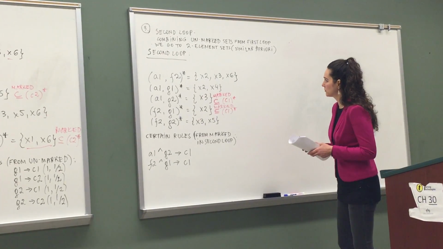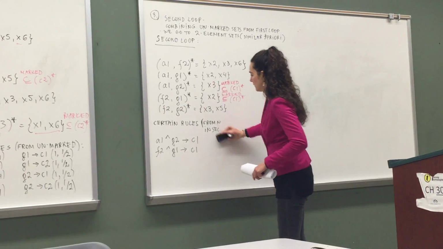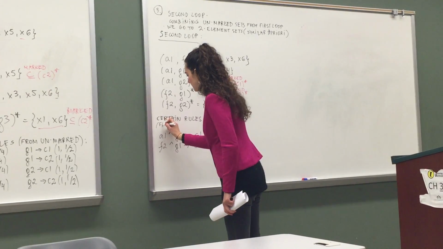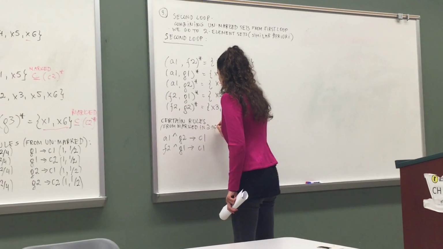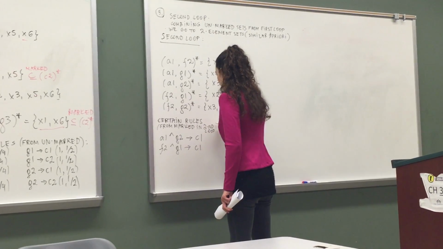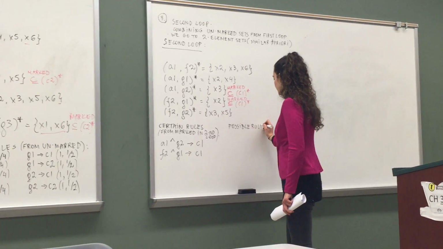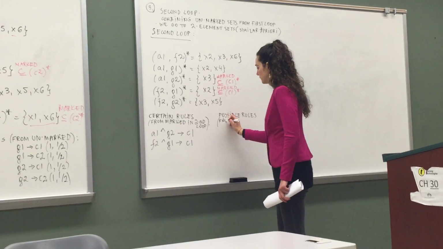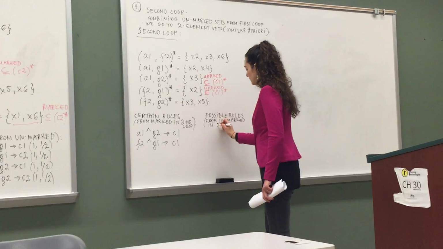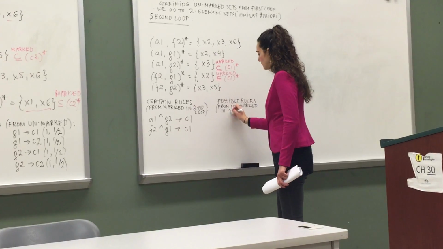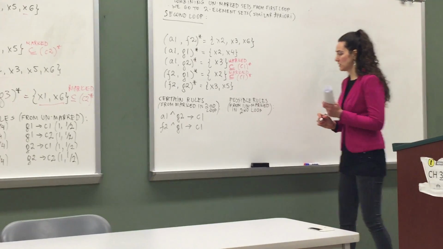And now the possible rules. Possible rules from the unmarked sets.